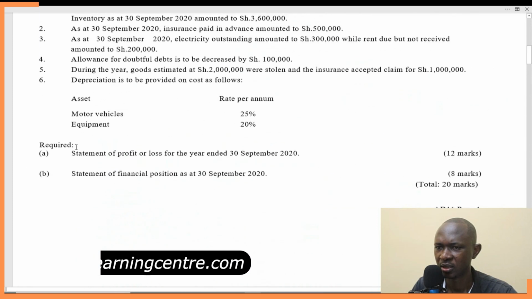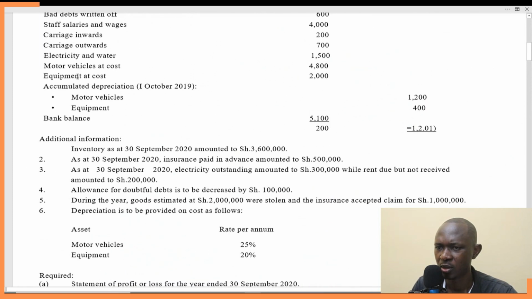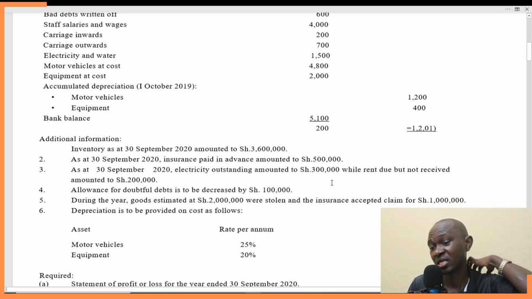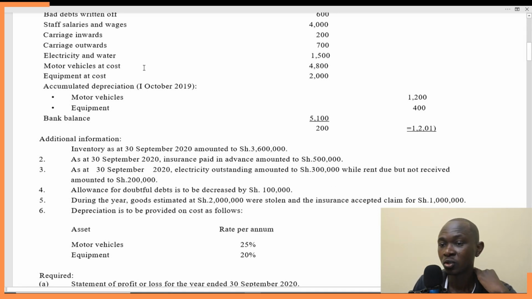Next, electricity and water, 1,500. And we have an outstanding amounting to 300. That means it was supposed to be paid this year, but it has not been paid. So it's part of the expenses for this year. So electricity and water, 1,500, and then we'll have to add this because it's part of this year's expenses, which was not paid.